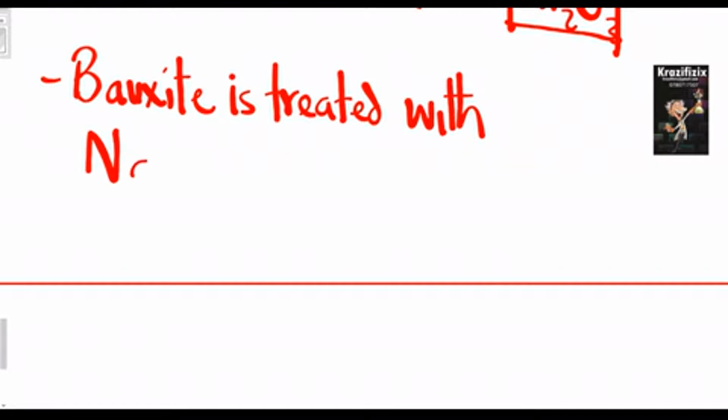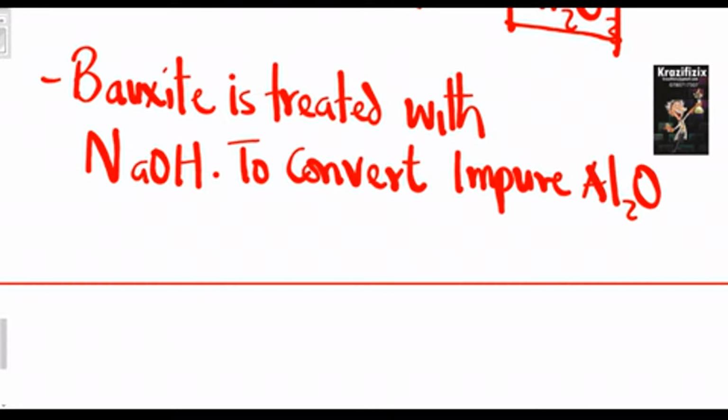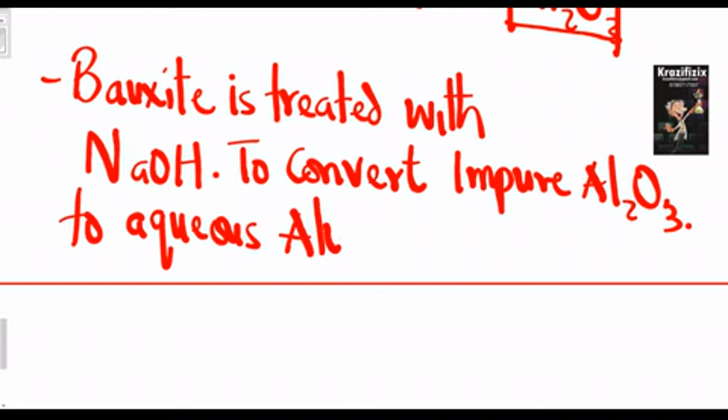This is simply done to convert the impure Al2O3 to aqueous aluminium hydroxide. Remember, we need an electrolyte, so this is what we're trying to get.